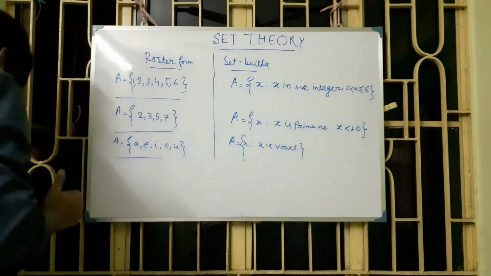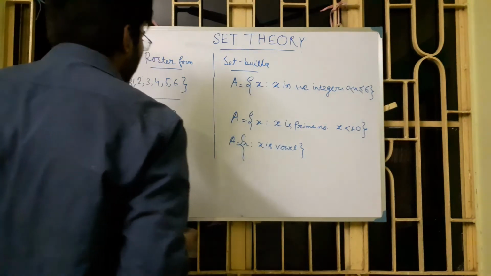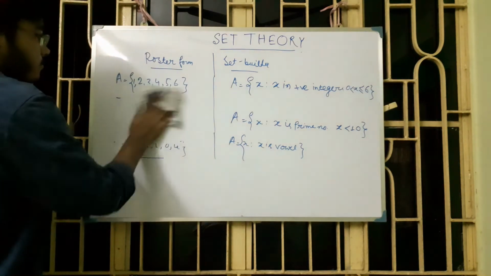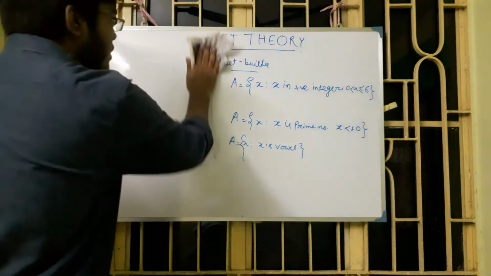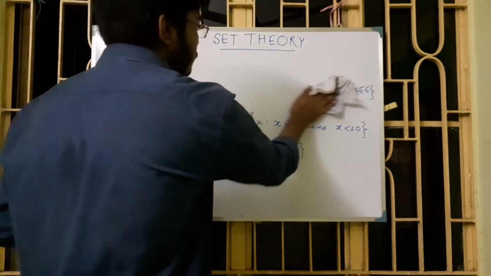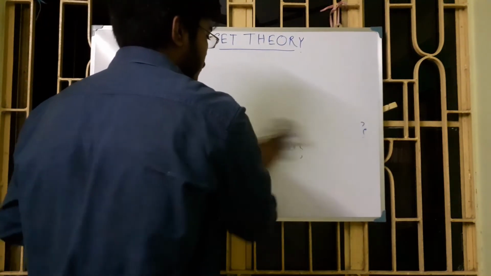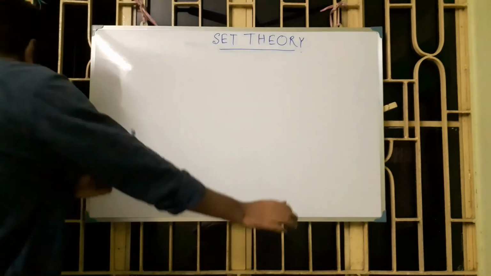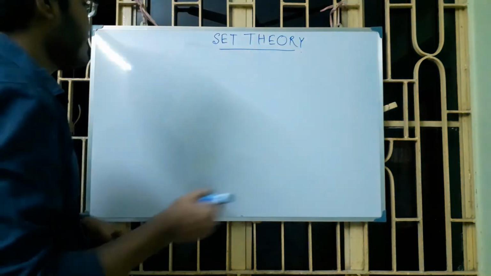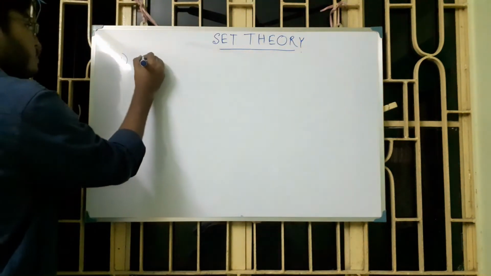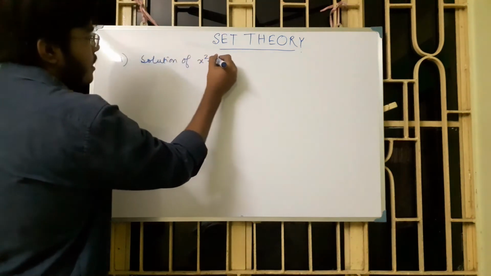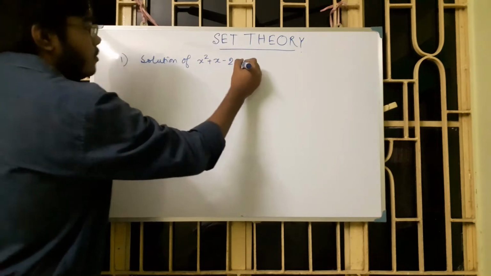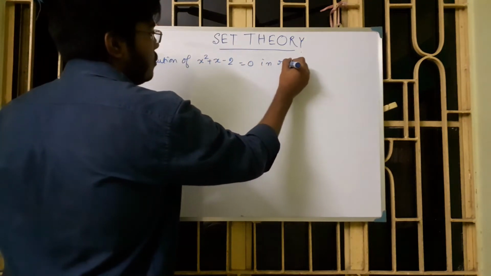Now we will solve a problem. What is the problem? Write the solution of x square plus x minus 2 equal to 0 in roster form.